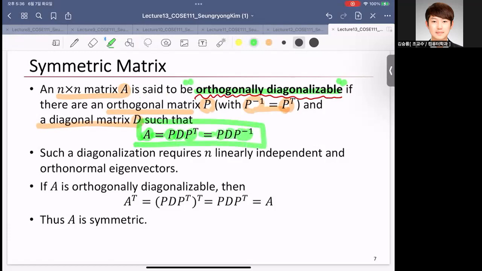This kind of factorization is called orthogonal diagonalization.